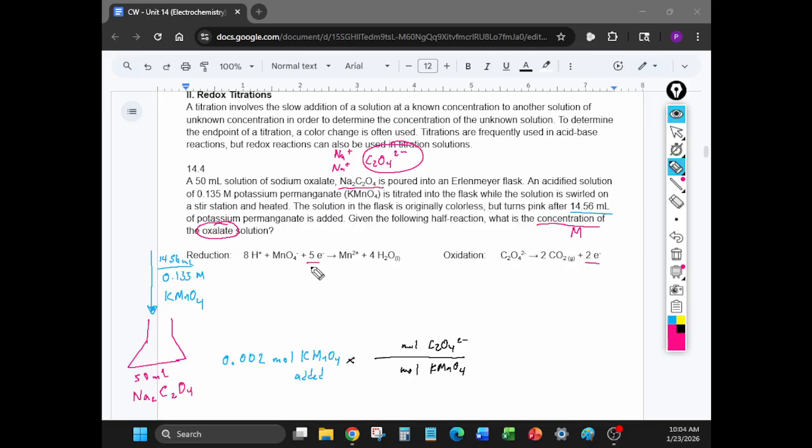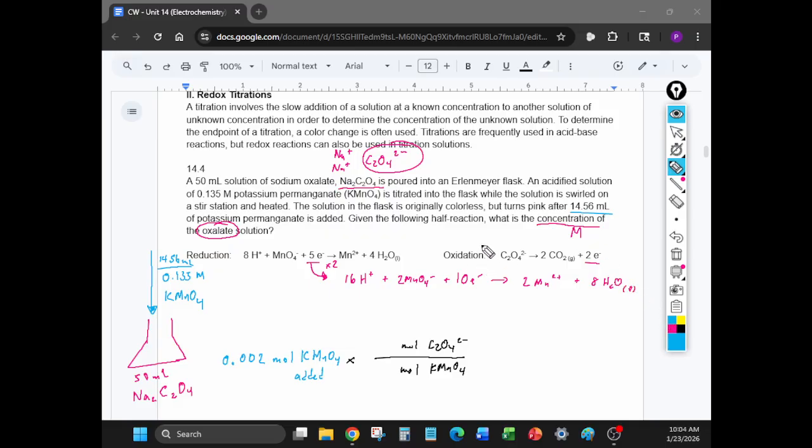So we're going to take the reduction reaction and multiply that by 2. That will give us 16 H+, 2 MnO4-, plus 10 electrons produces 2 Mn2+, 8 H2O liquid.